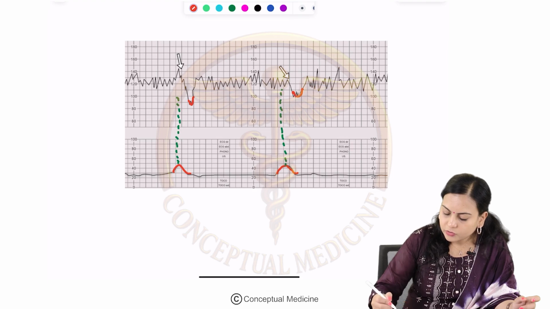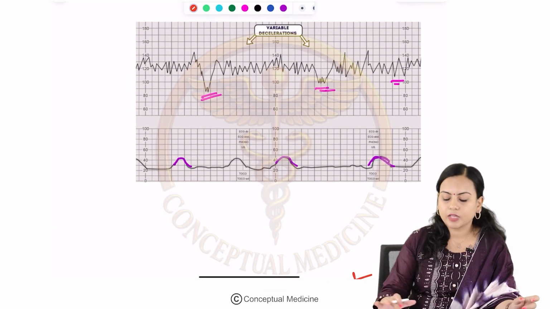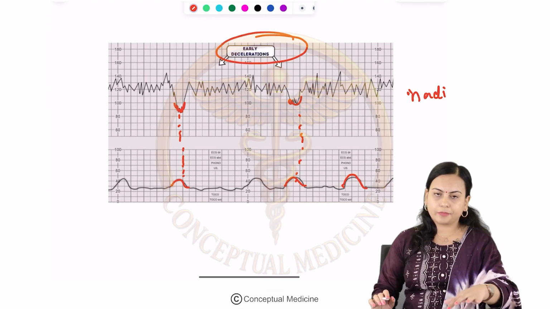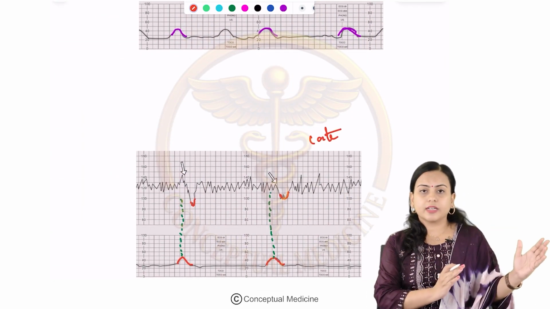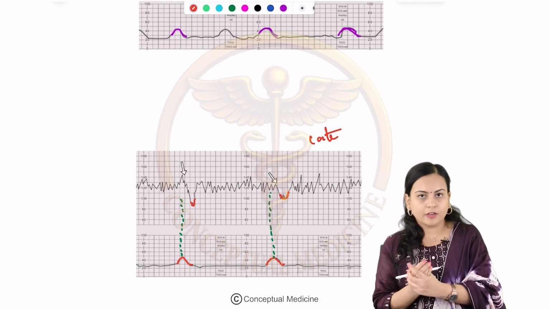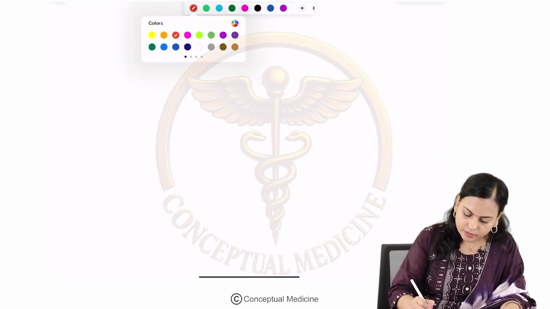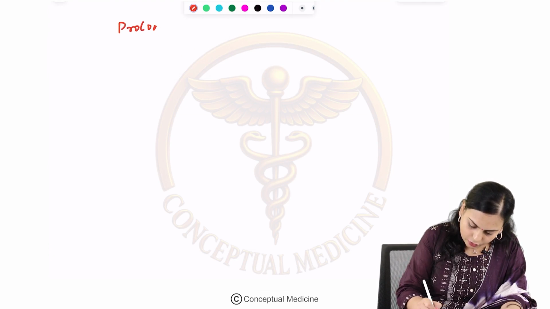Clear? So this is an example of late deceleration, this is an example of variable deceleration, and this is an example of early deceleration where the nadirs are meeting. So if you are able to rule out what is early and what is late, then obviously you will be able to come out with variable deceleration. Clear?